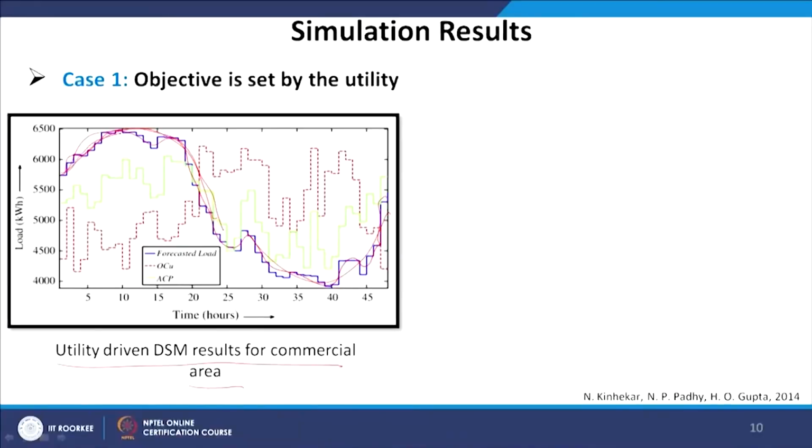Now, the desired load characteristic from the utility point of view, utility wish the consumers must use less energy during this period and must use more energy during this period.